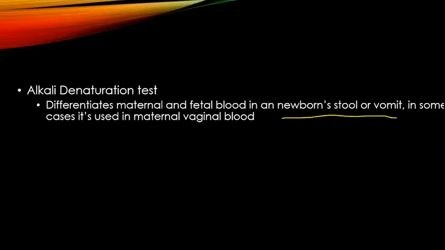Why do we need to know this? Because you need to know if the baby's stool has maternal blood. It differentiates maternal blood and fetal blood in newborn stool or vomit. Why? In some cases there is vaginal bleeding, and if, for example, you detected fetal blood in the vaginal blood from a pregnant mother, then the baby would probably be stillborn.